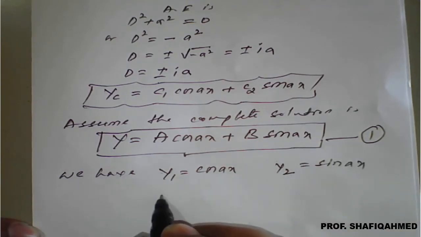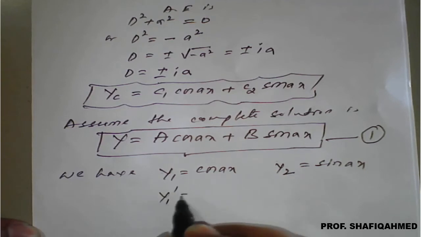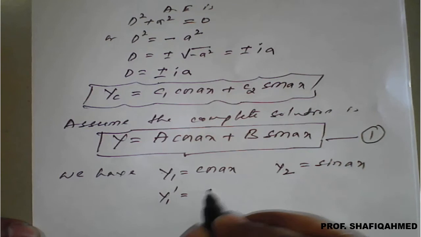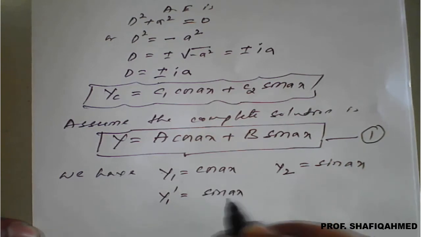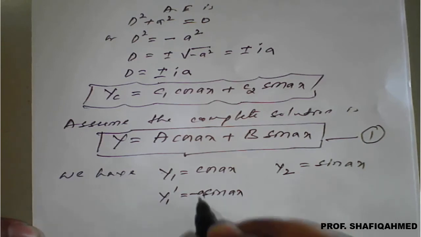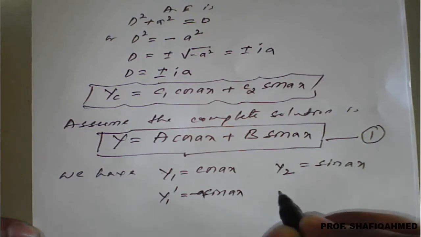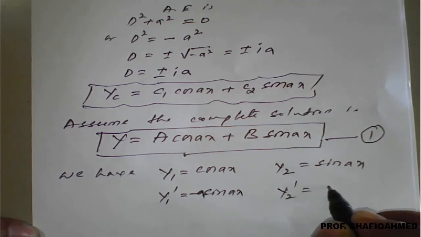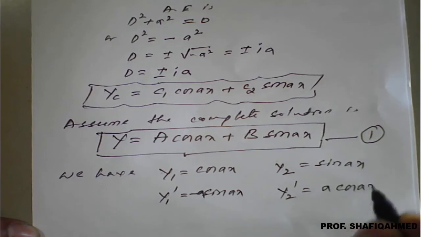So I will find y1 dash. Differentiation of cos ax is minus sine ax, and differentiation of ax is a, so y1 dash is minus a sine ax. And y2 dash will become differentiation of sine ax, that is a times cos of ax.